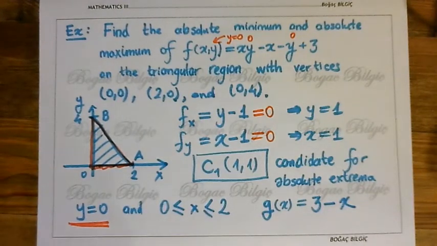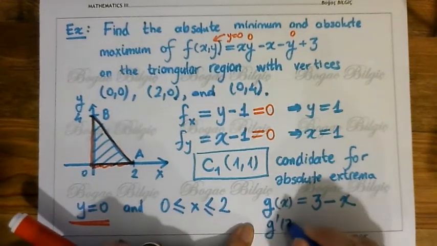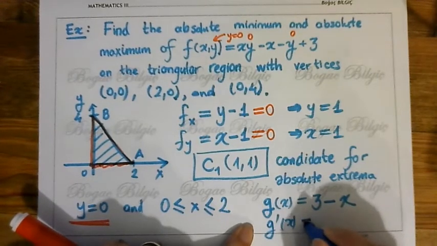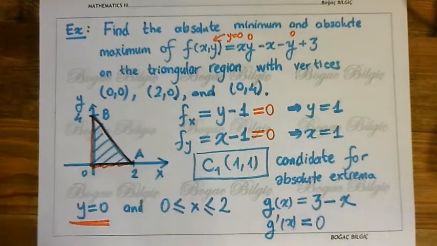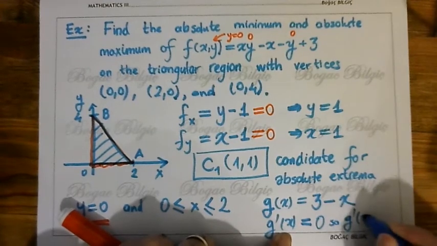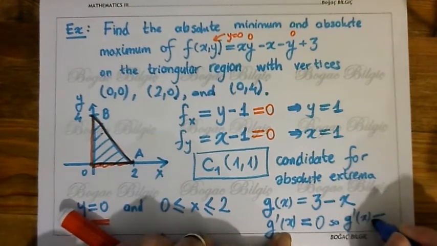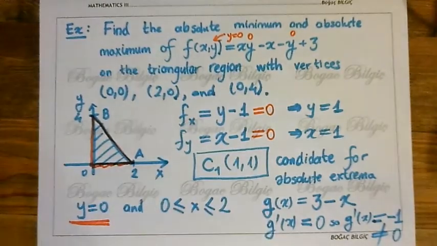The critical points of g function are given by derivative of g is equal to 0. So, derivative of g is equal to minus 1, which is not equal to 0.